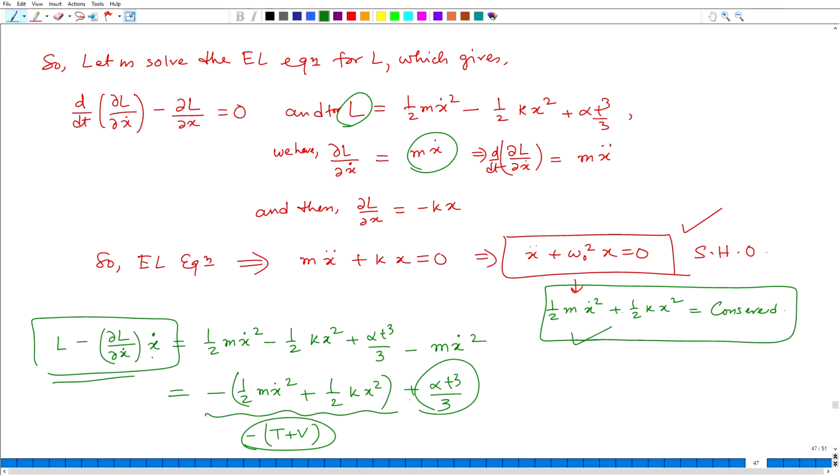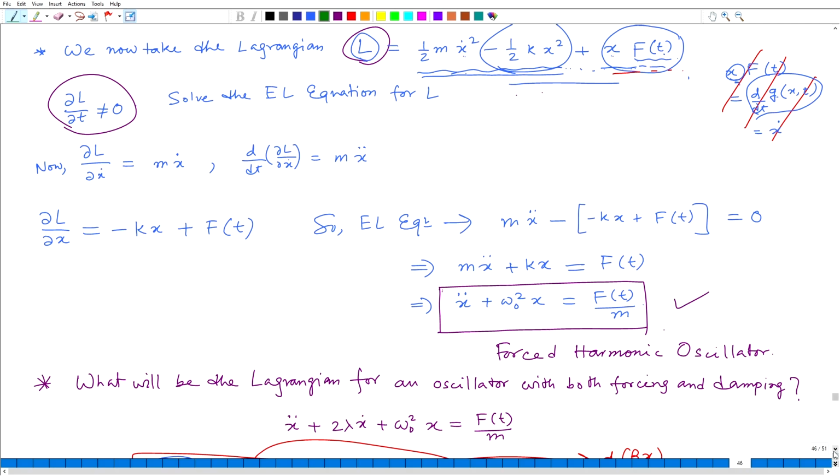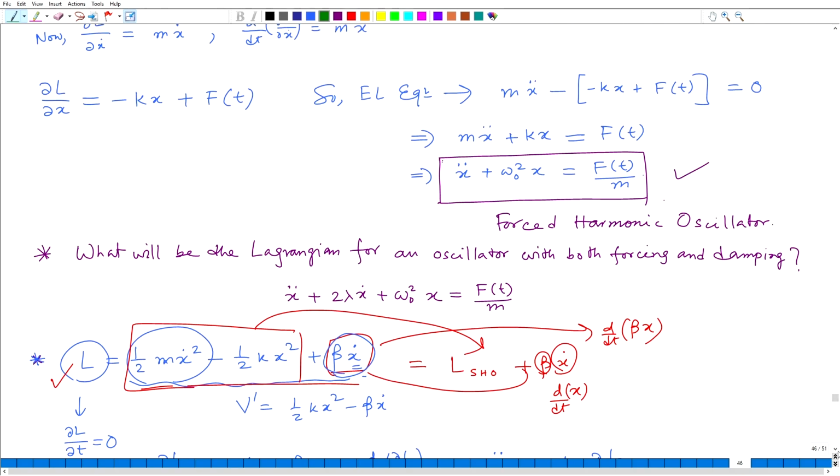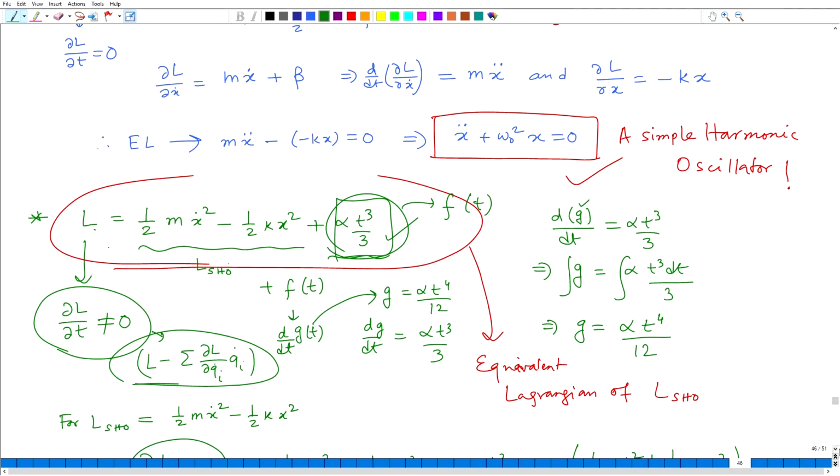But this quantity is no longer equal to this quantity for that Lagrangian. So, this quantity is now something which is not conserved because of this term, and that is why we are also reconciling the fact that if we have a Lagrangian for which ∂L/∂t is not equal to 0, this is not conserved.